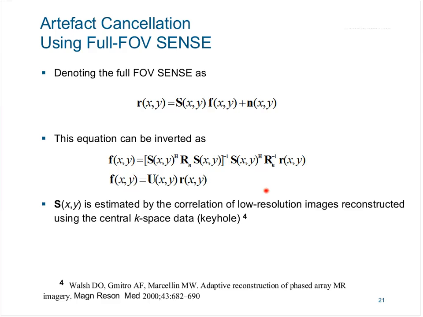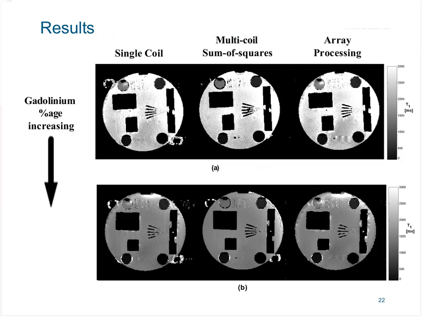And in this algorithm, that was obtained by using the low resolution images reconstructed using the central k-space data, the keyhole. And now we can calculate the matrix U, the matrix R, and then apply this method.